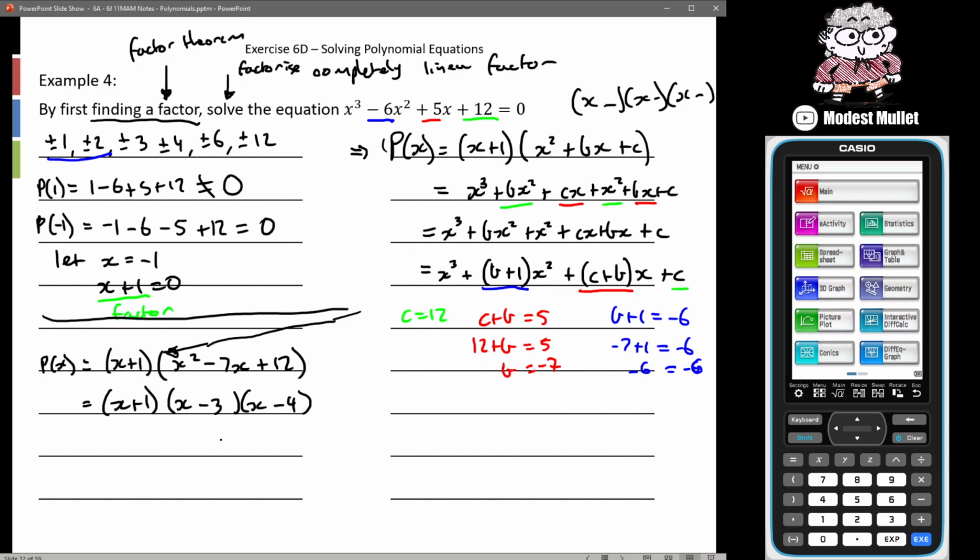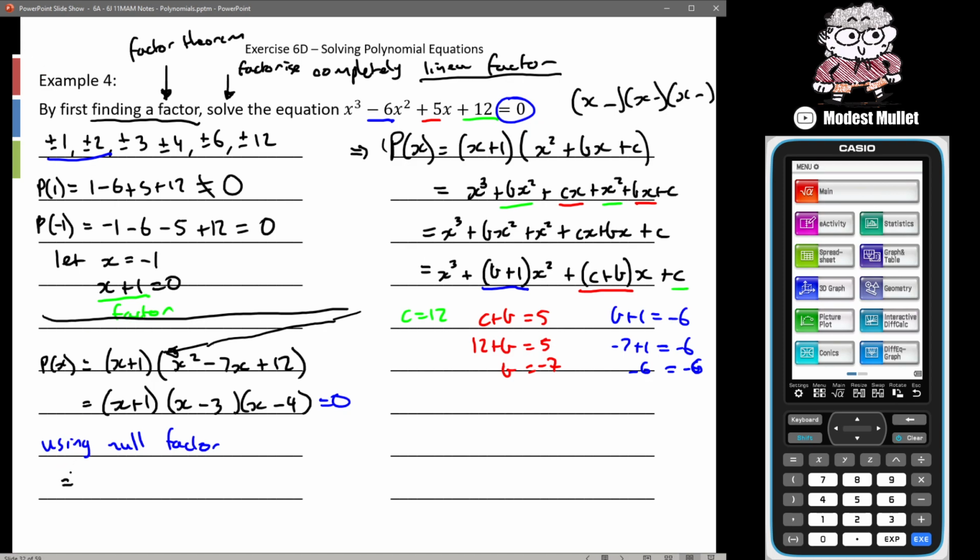Now that's fully factorized. And we're fully factorized down into this linear form. It's written as a product of all linear factors. Now, using the Null Factor Law, because we were told this original polynomial was equal to 0, that's the only time we can use the Null Factor Law.